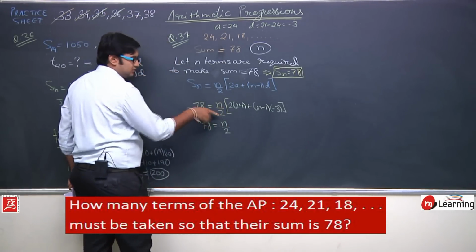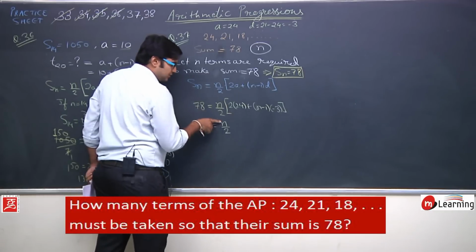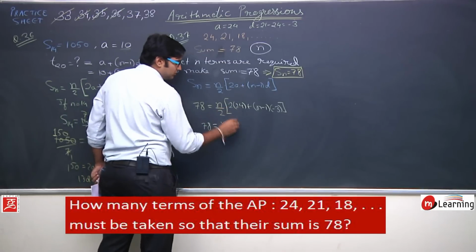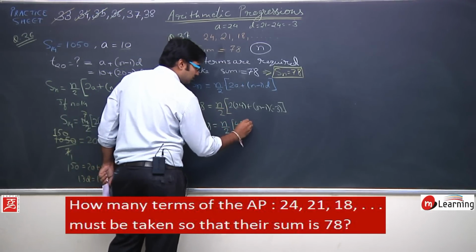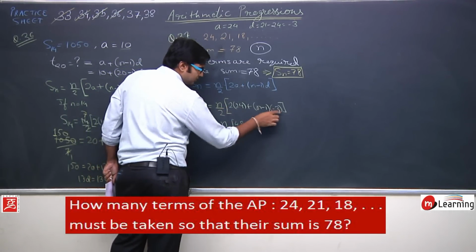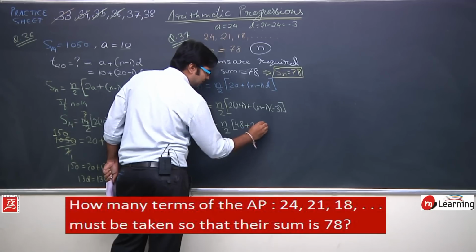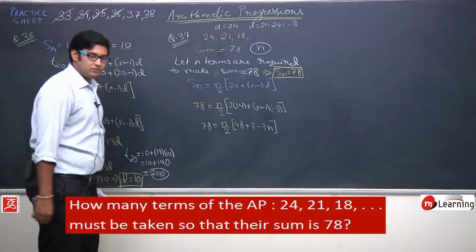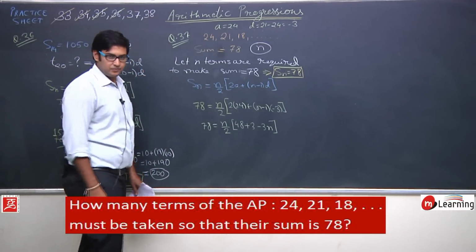We will not take this 2 into LHS. So n by 2 into the bracket, it will give you 2 into 24 is 48 plus 3 into 1 is 3 and minus 3n. Okay, this is what you will get, 48 plus 3 minus 3n.